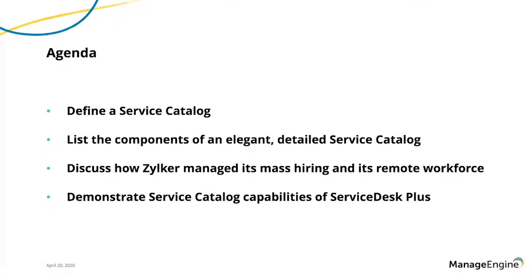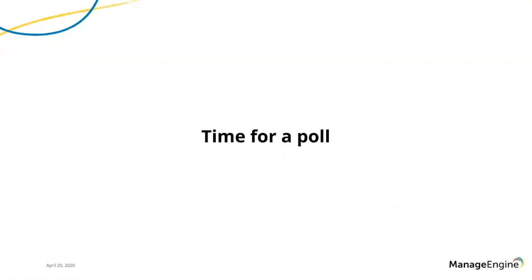What differentiates a service request from an incident request? I assume that some of you are already aware of it, but if you aren't, we will discuss that. So before going there, I would like to do a poll. Which of the following will qualify as a service?